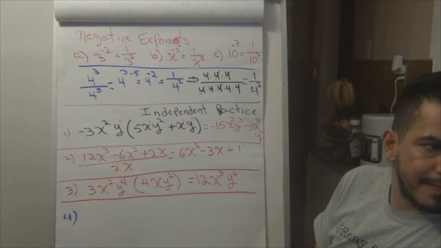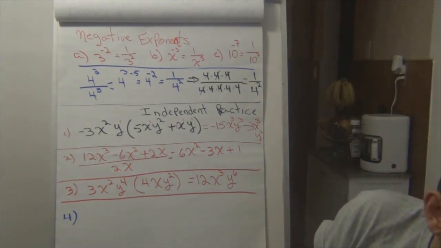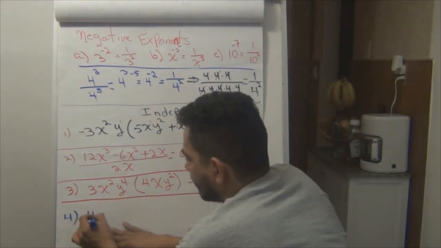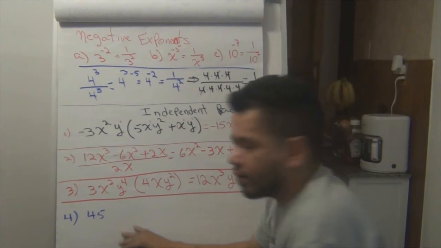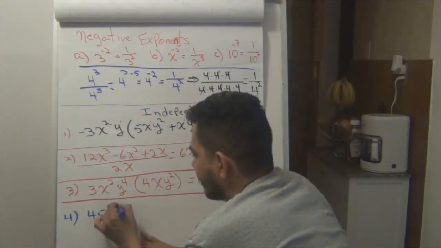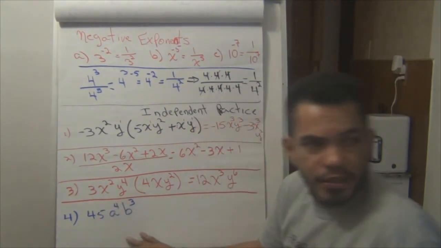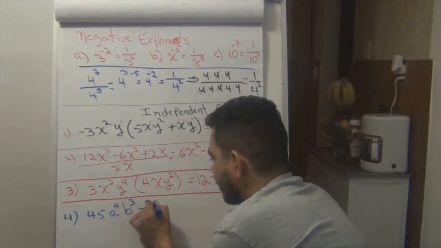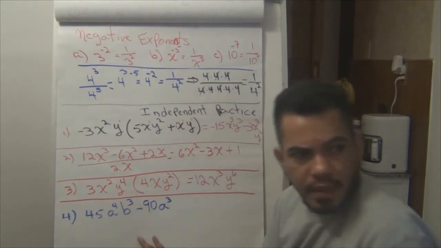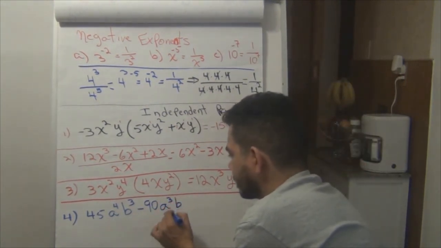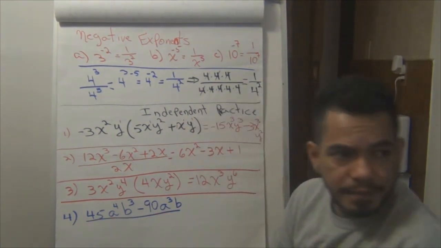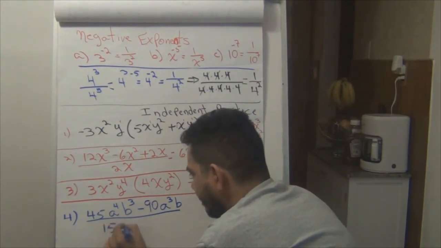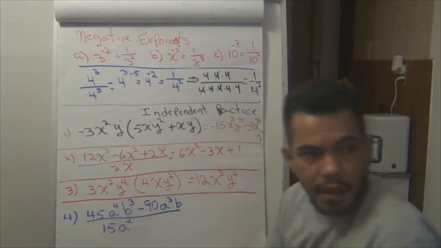Okay, it says 45a to the fourth b to the 3rd minus 90a to the third b, divided by 15a to the second b.